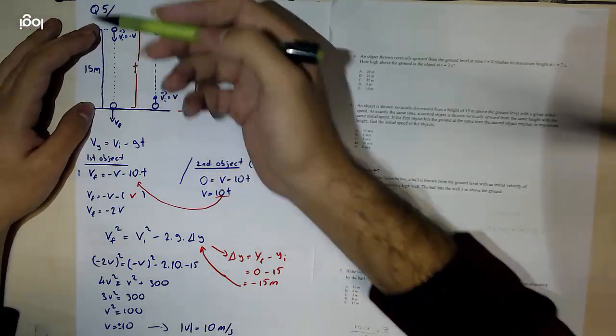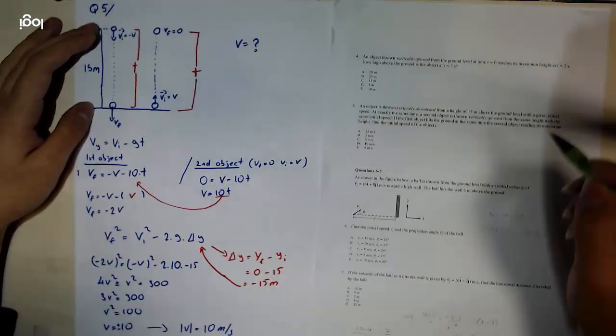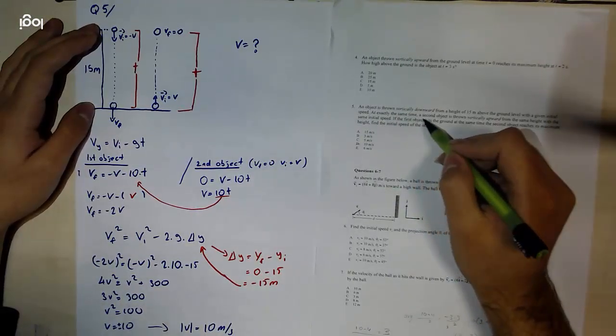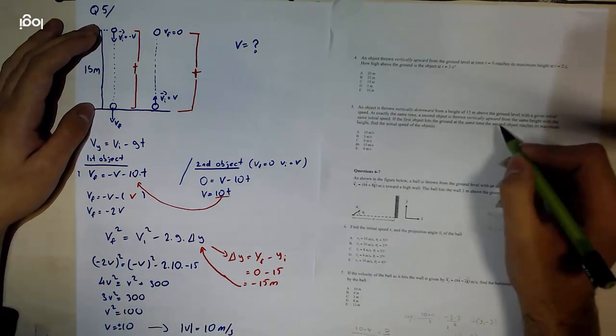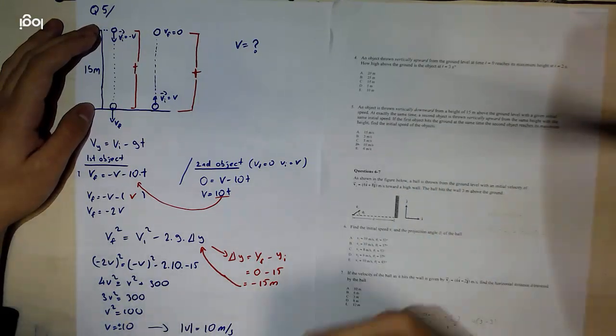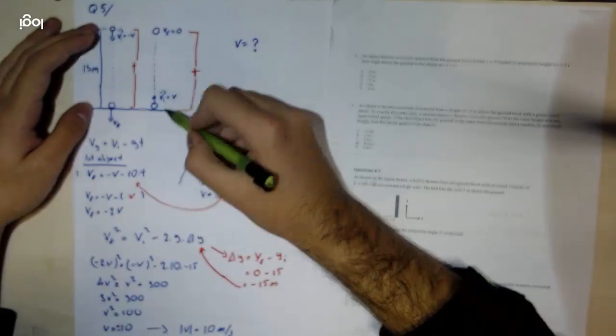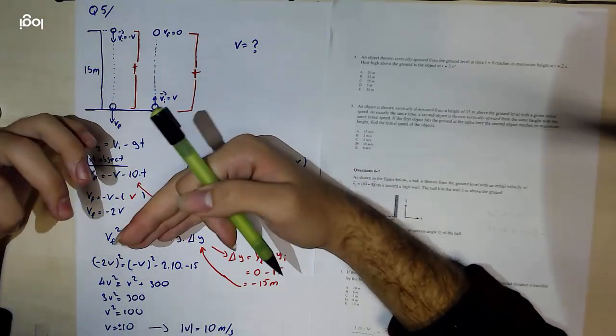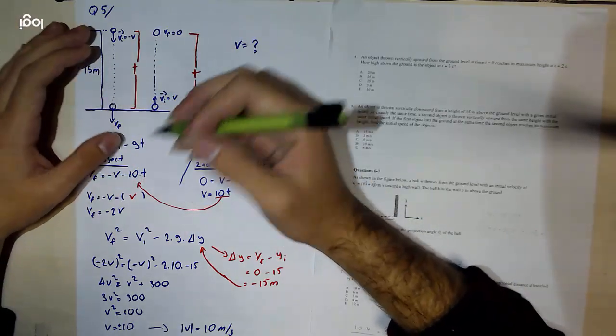It's 15 meters. After that, at exactly the same time, a second object is thrown vertically upward from the same height with the same initial speed. At the same time means the t values are equal.